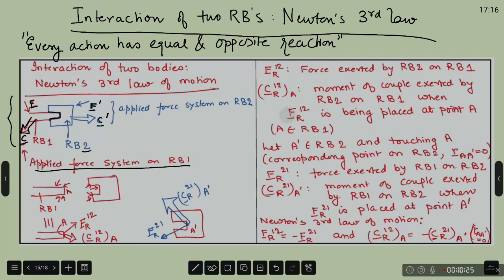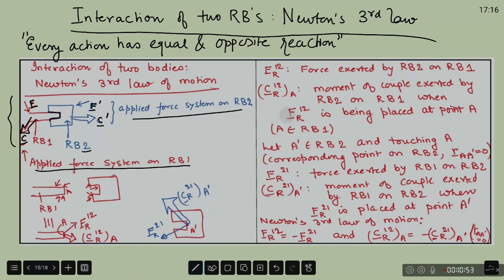Now we want to separate the two bodies. Separate means not physically separate, but I want to look at the two RBs separately and draw their individual free body diagrams, right? So on RB1, of course this F and C are still acting.